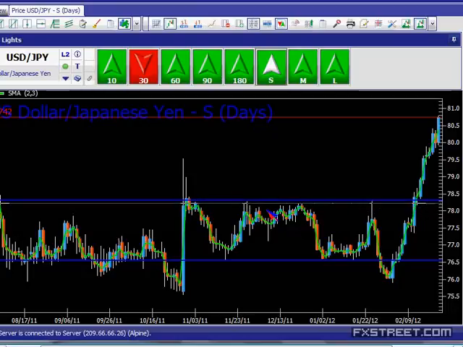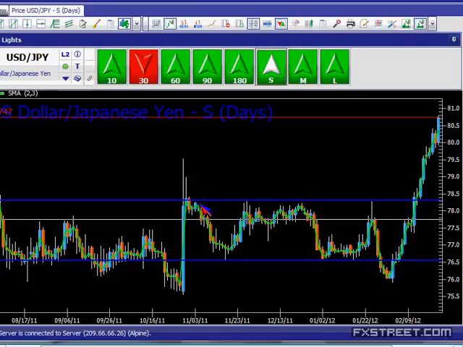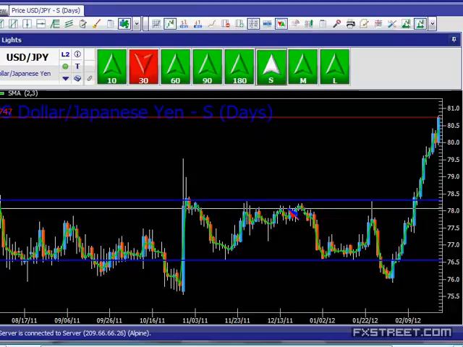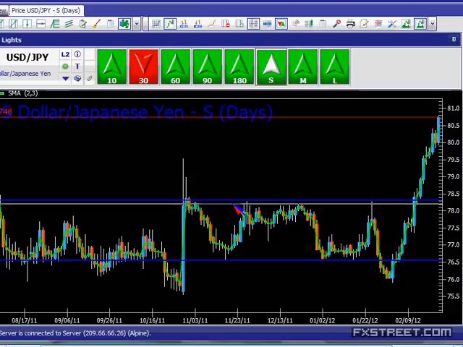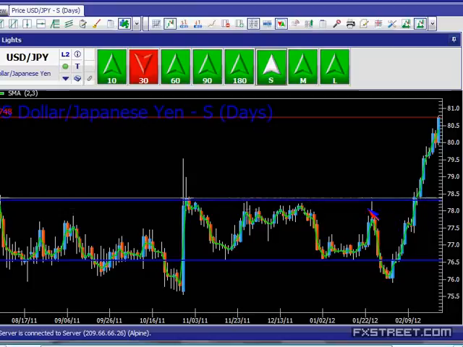The top of that range, you would recall, was 78.27 yen. That level was established as a resistance level in November of last year. It has been tested multiple times, 3 or 4 times at least, in the months that it served as a major level of resistance.